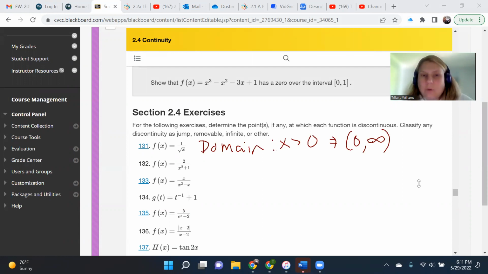So because that's where we're defined, with 1 over the square root of x, the only issue I would have had would have been 0. That's where I would have gotten the undefined. That's where I would have had the asymptote. But because the domain has to be greater than 0, this is going to be continuous all the way across the board. So this one is continuous. I know, it's really weird. We can actually go in and graph it right quick. 1 over the square root of x.